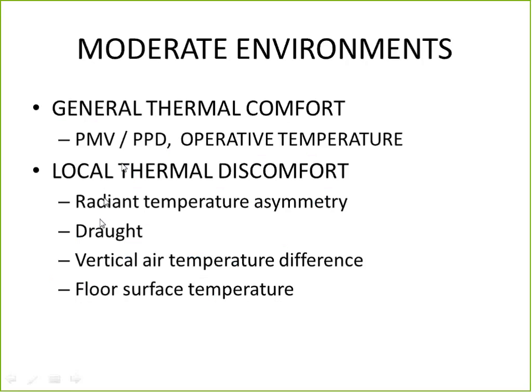But we will also have criteria for other comfort parameters like radiant temperature asymmetry, draft, vertical air temperature difference, and also floor surface temperature. These are especially important when you design your system. You have to make sure that you are still within these criteria.